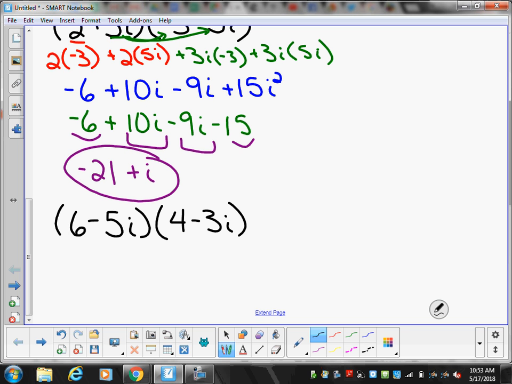I can multiply 6 times 4. No, the minus is going to go with the 5i each time.